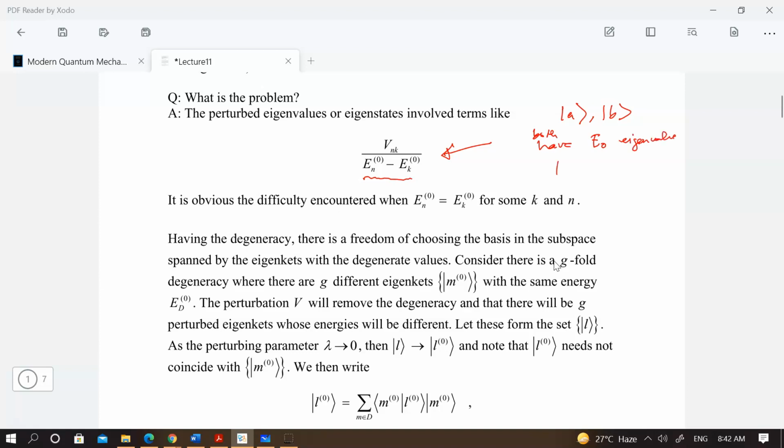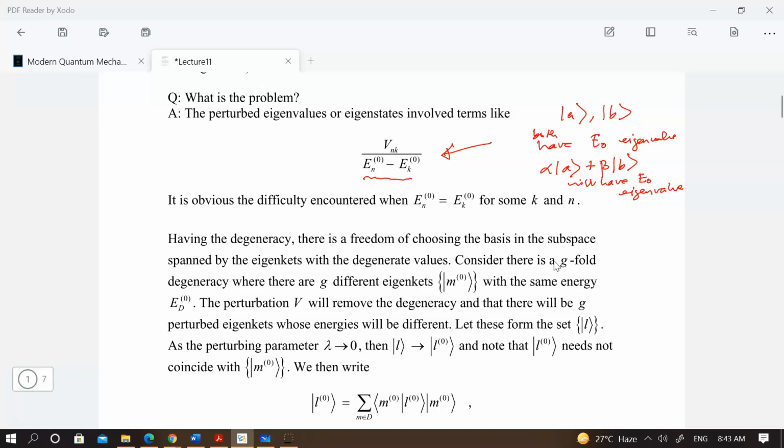Then you also know that you can always take a linear combination of these, and this will have E naught as its eigenvalue as well. You can show that by simply applying your Hamiltonian onto the superposition.